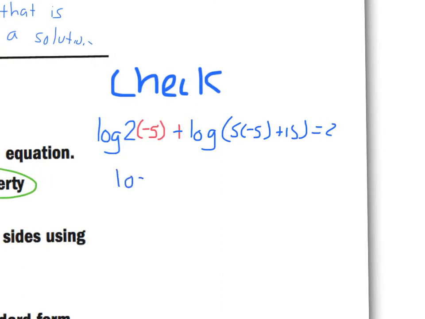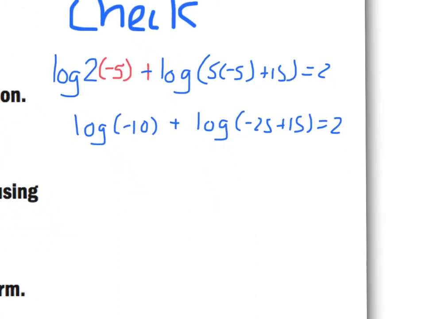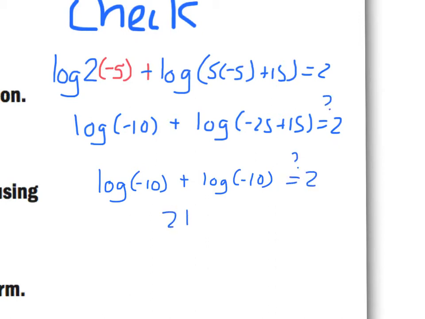So here I get log of negative 10 plus log of negative 25 plus 15 equals 2. And continuing here, notice that all of this, log of negative 10 plus log of negative 10, all equals 2. And we should actually have question marks there. This here becomes log of negative 10.